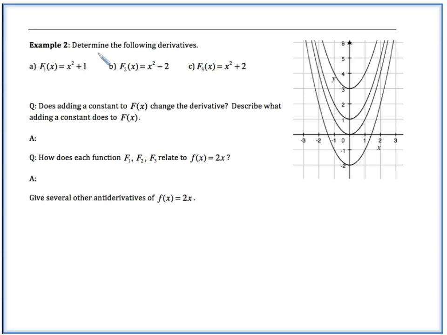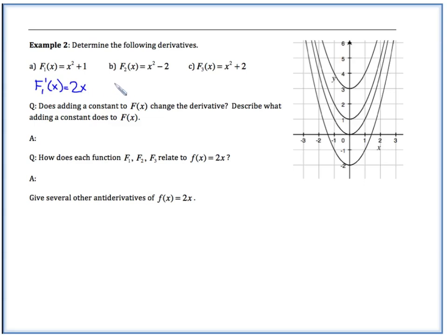In example 2, we're asked to determine the following derivatives. And if we look at our functions here, we have x squared plus 1, x squared minus 2, and x squared plus 2. So let's go ahead and find these derivatives using the power rule. So here we would have f1 prime of x equals 2x.